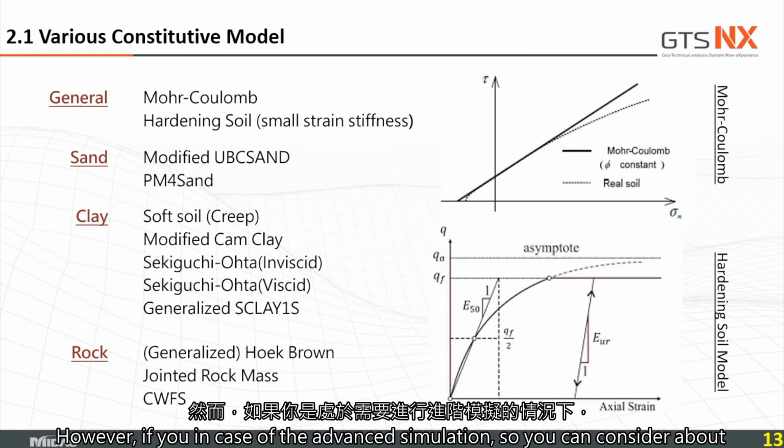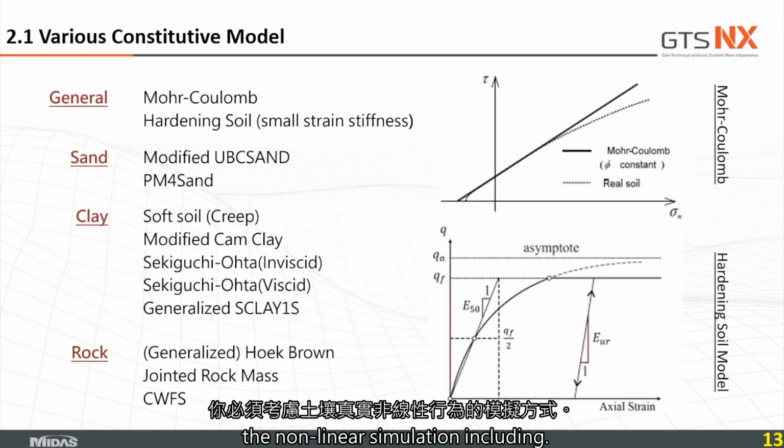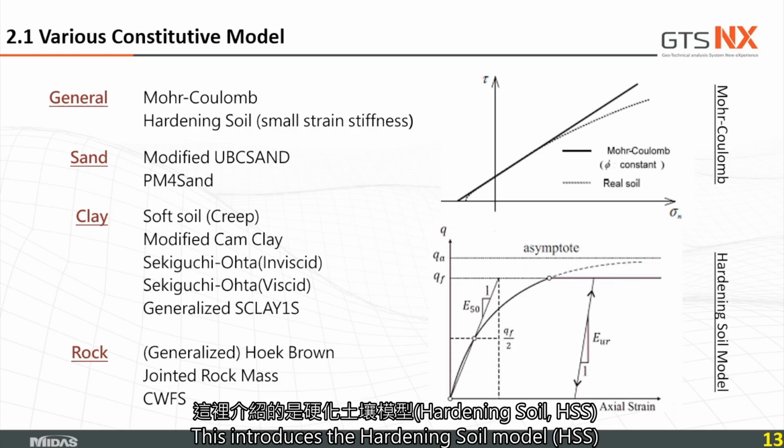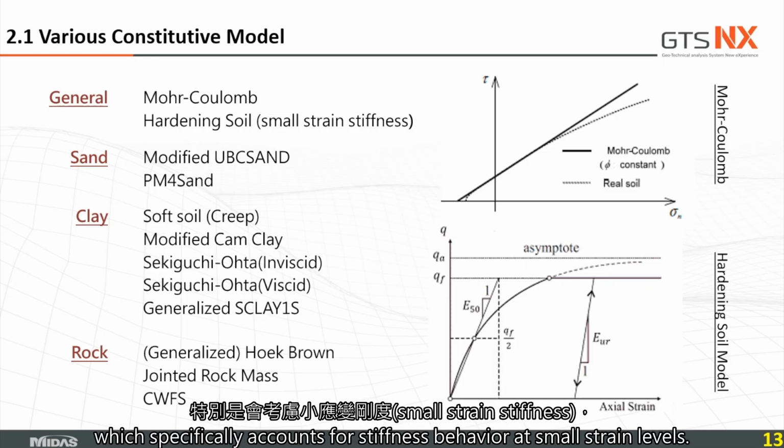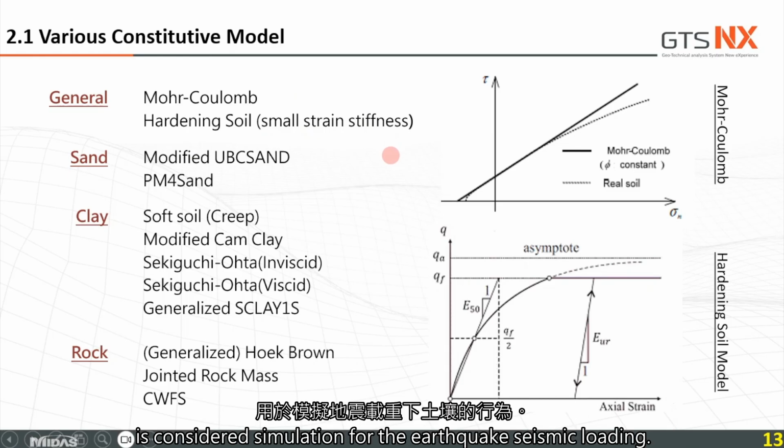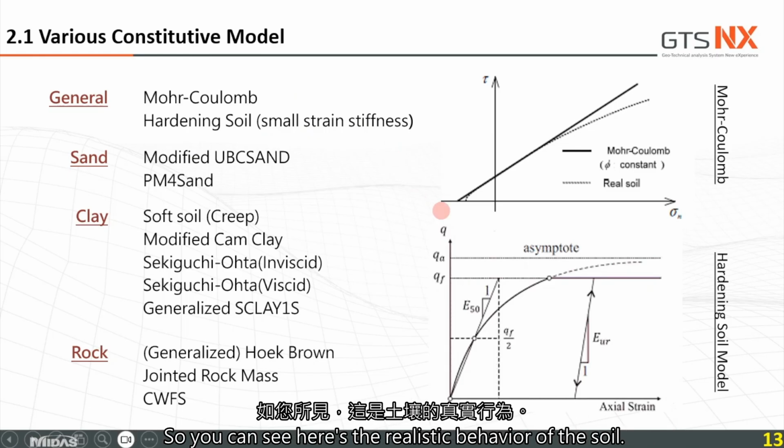However, for advanced simulation, you can consider non-linear simulation, including the hardening soil, and especially the small strain stiffness, which is considered for earthquake and seismic loading. So you can see here the realistic behavior of the soil.